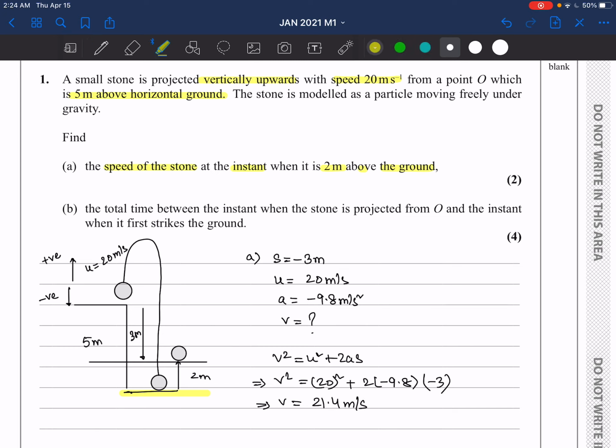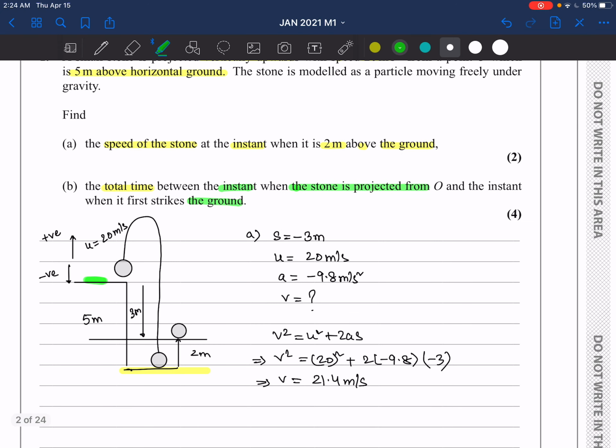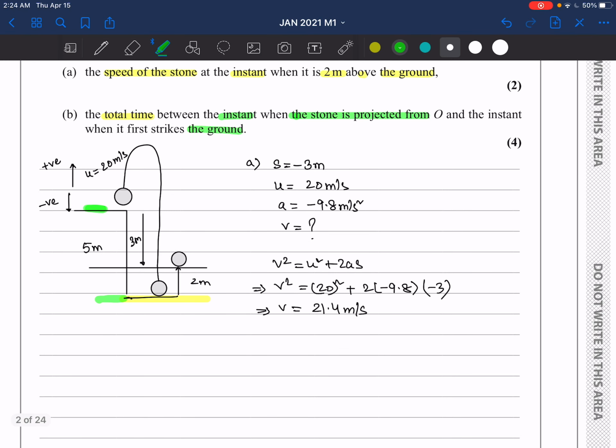Now question B. The total time between the instant when the stone is projected from O, that means from here, and the instant when it strikes the ground. So basically when the ball was here, the ball moved in a downward direction for 5 meters.